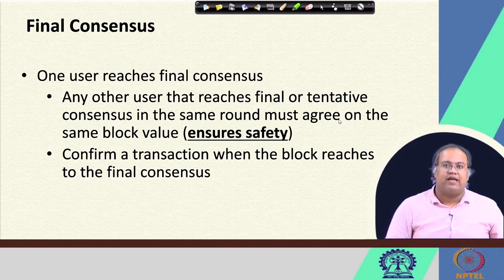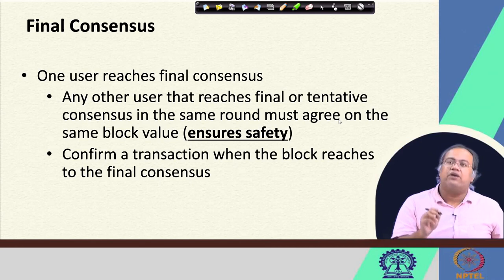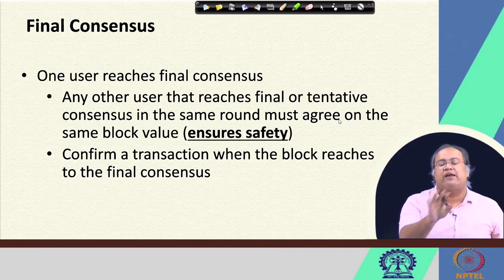That means if one user has reached the final consensus, all the correct participants in the network will agree on the same value. Everyone is on the same page. So whenever you have reached the final consensus, you can confirm a transaction or a block, and commit this block to the blockchain.